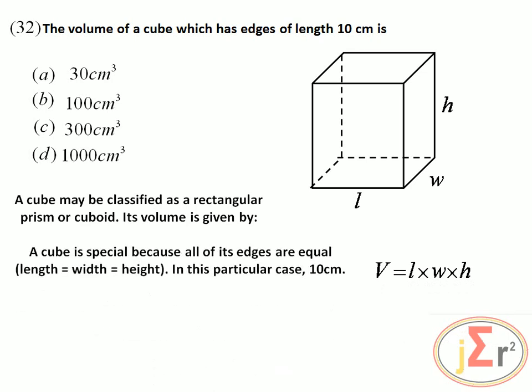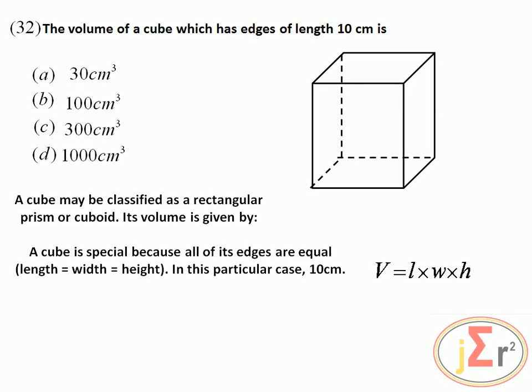A cube is special because all of its edges are equal in length. Therefore, the length is equal to the width is equal to the height. All of them are equal. In this particular case, they are equal to 10 centimeters.